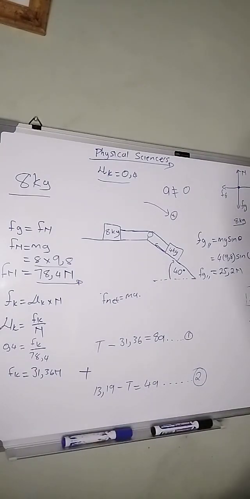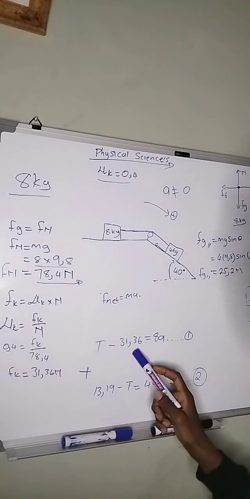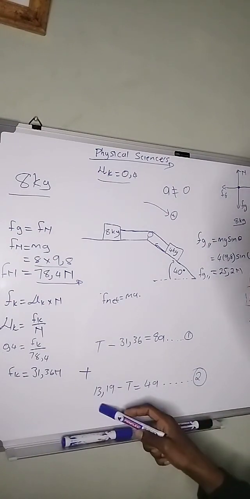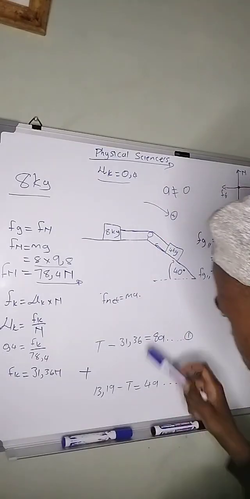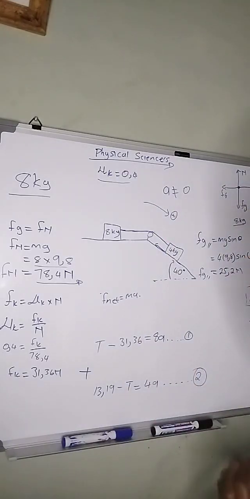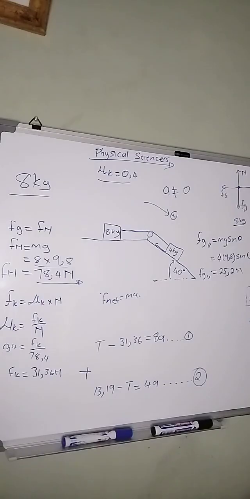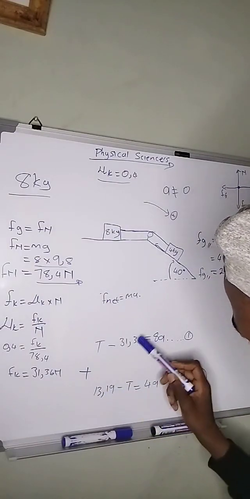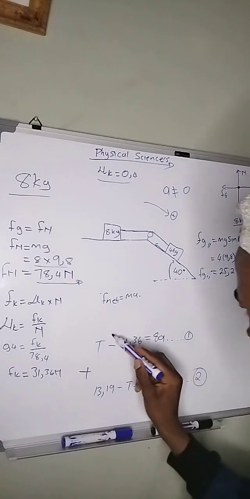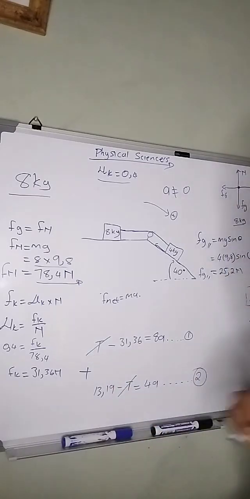Whenever I add this 2, I have 13 and 12, because this t and that t cancel each other.